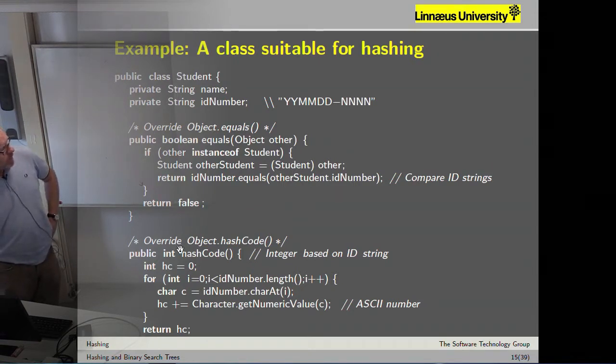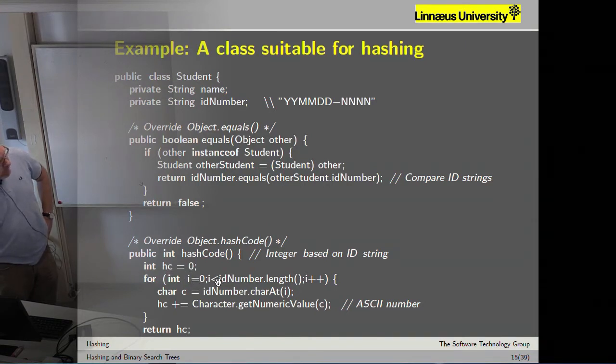And also hashCode, I'm saying that I would like to associate each student with an integer. It's the hashCode method. I'm simply computing the sum of all the ASCII numbers here. I'm starting by saying that the hash code is 0.